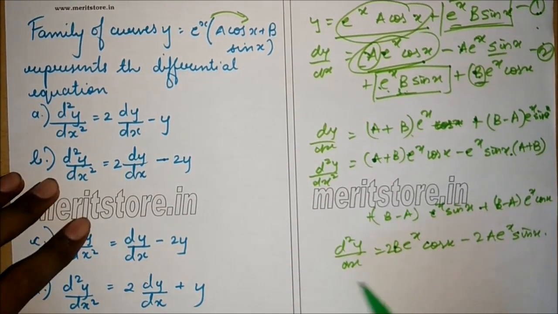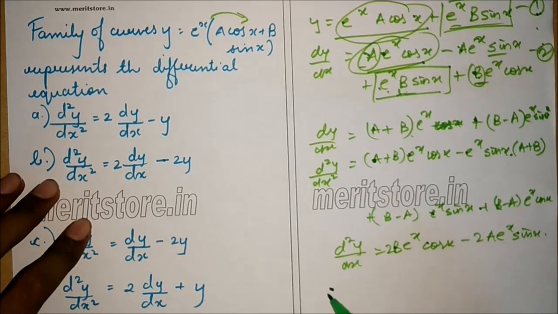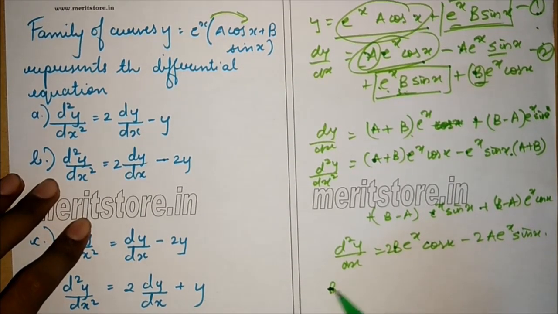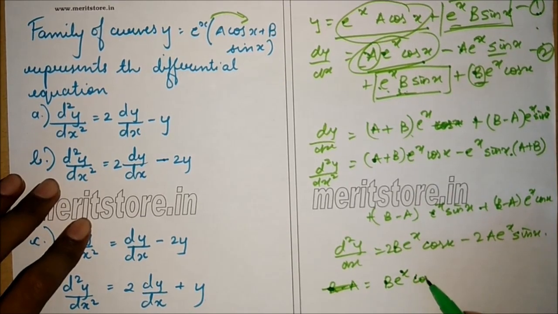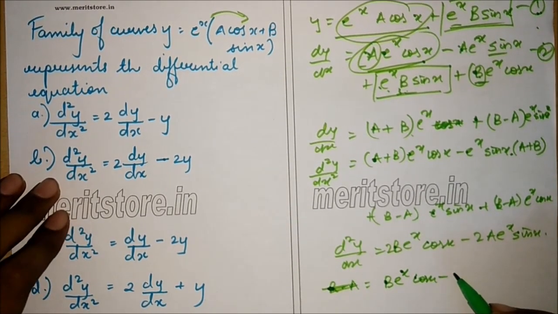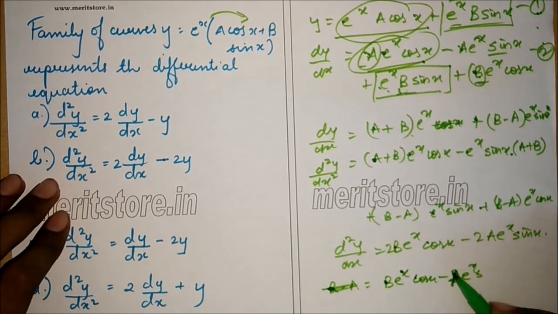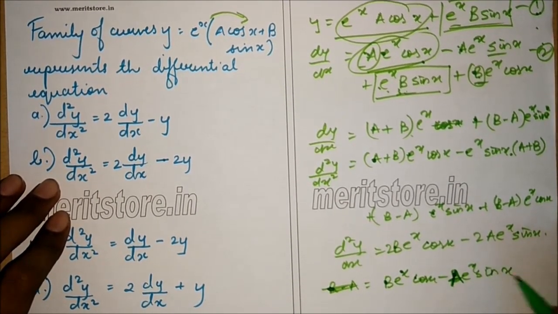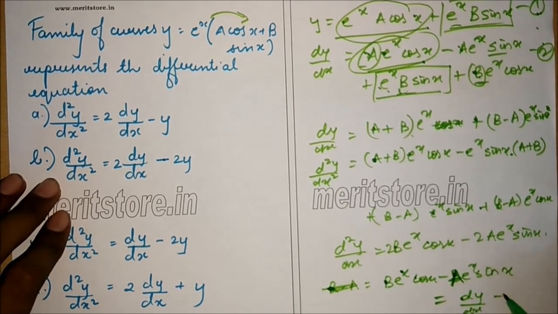So we can say b e raised to x cos x minus a e raised to x sin x will be equal to dy by dx minus y.